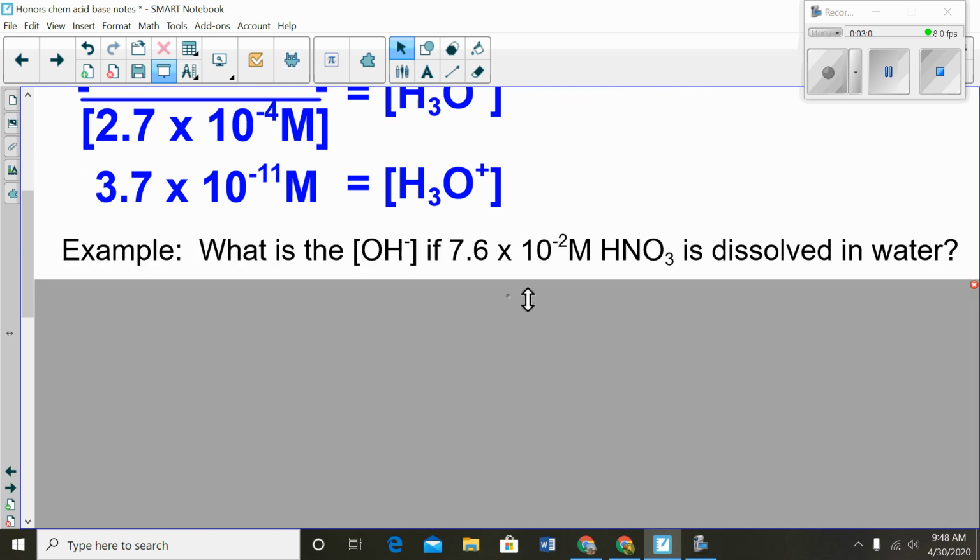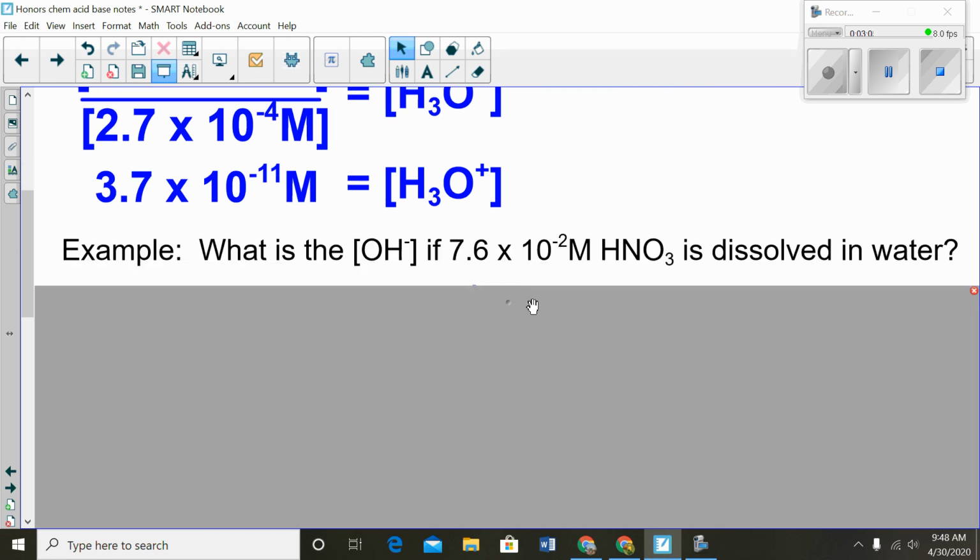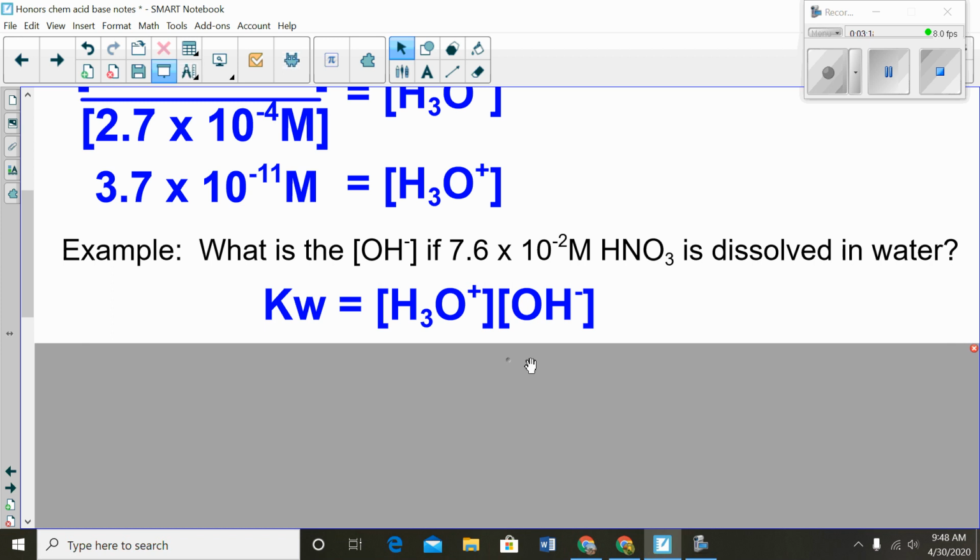Okay. Next one. What is the concentration of hydroxide, or OH minus, if 7.6 times 10 to the minus second molarity of HNO3 is dissolved in water? So again, we are using the equilibrium constant equation here. Kw is a set value. So what do you have now in the problem?